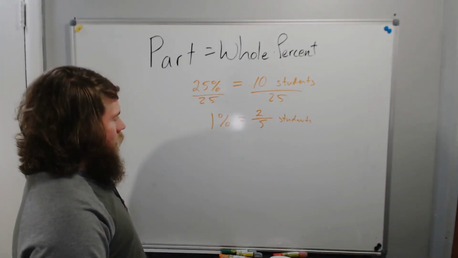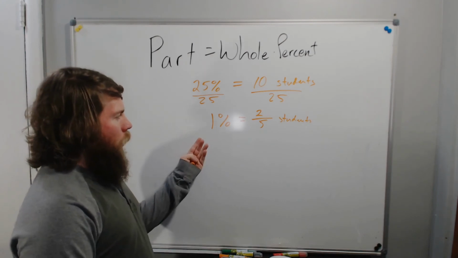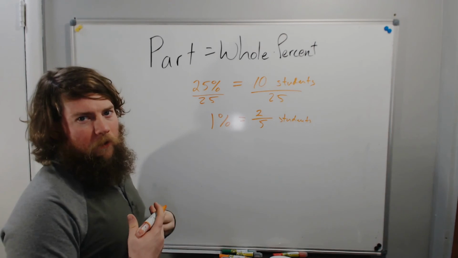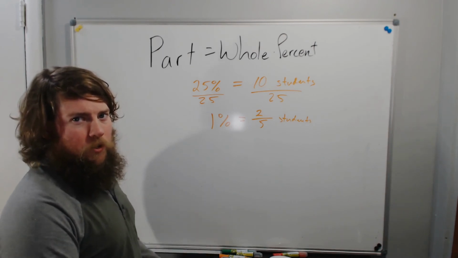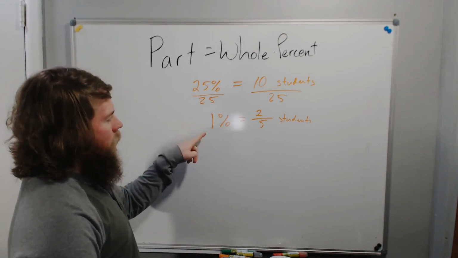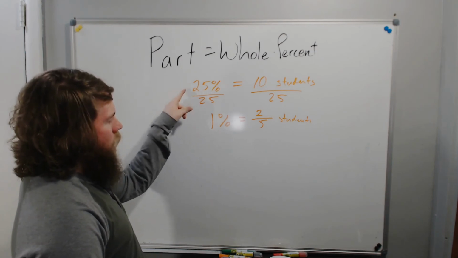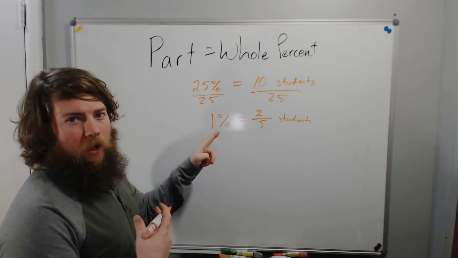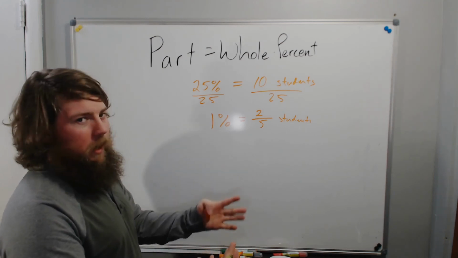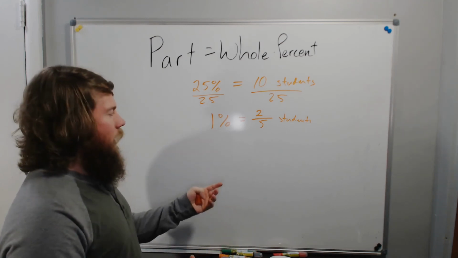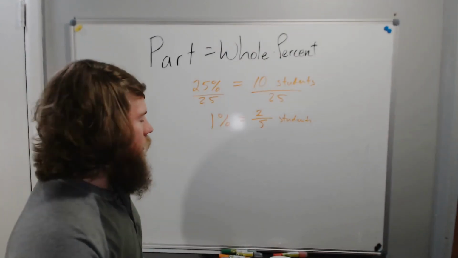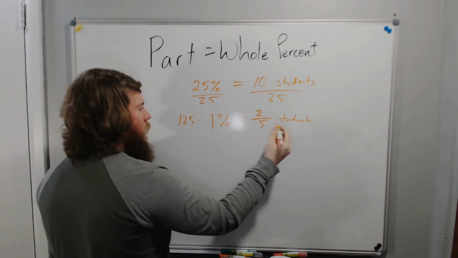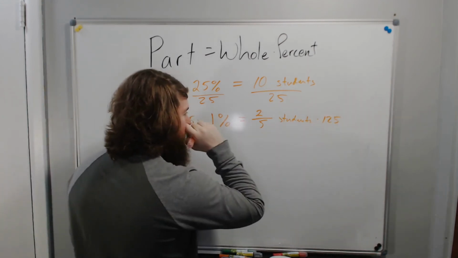So now that we know how many students are represented by 1%, we can figure out how many students are represented by 125%. So similarly to how we went from 25 to 1 by dividing by 25, we're going to get from 1 to 125 by multiplying by 125. Because 1 times 125 is still 125.